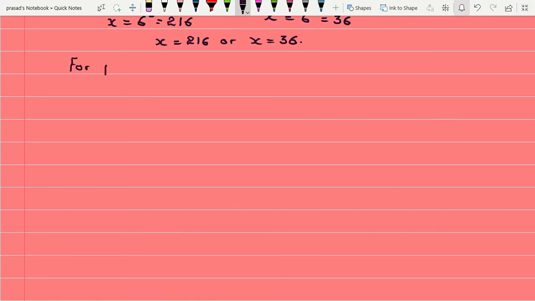Here you have to find the value correct to three significant figures. So first one is log of 5 to base 4.